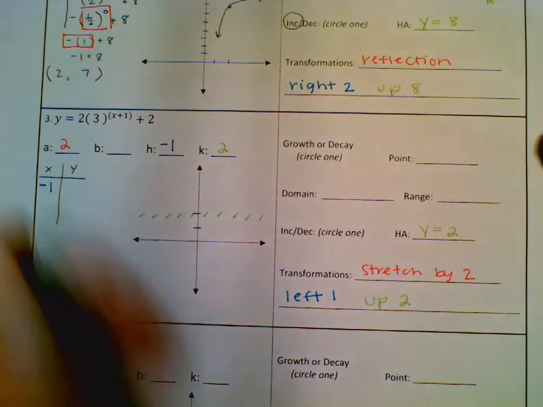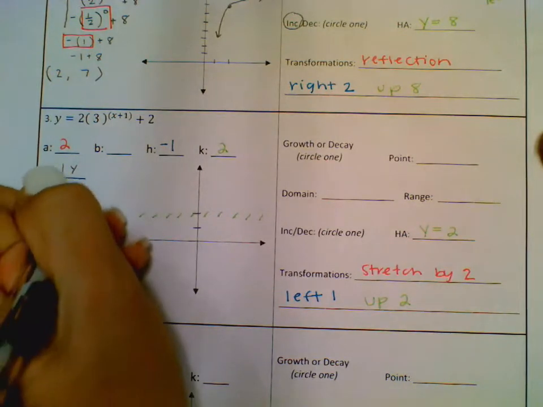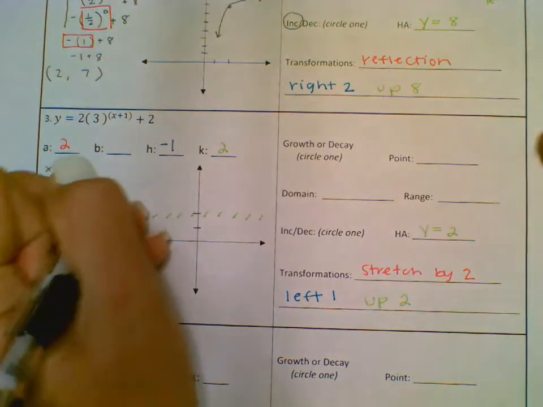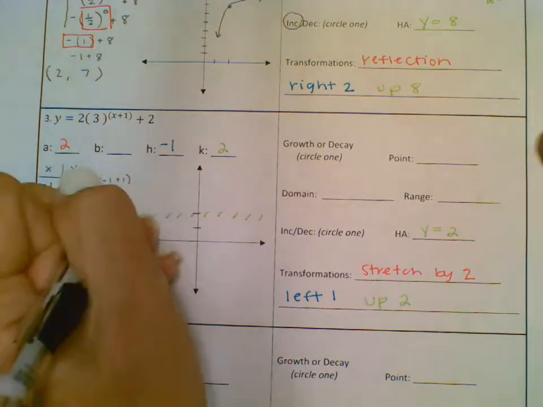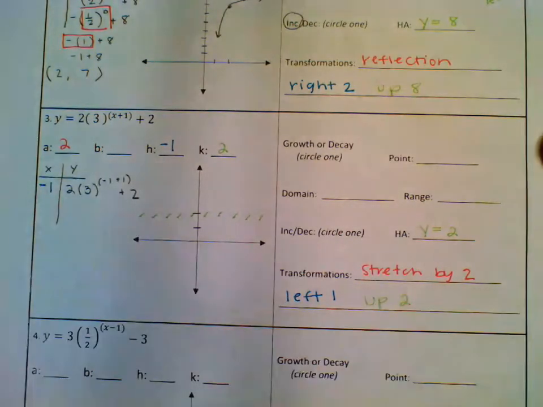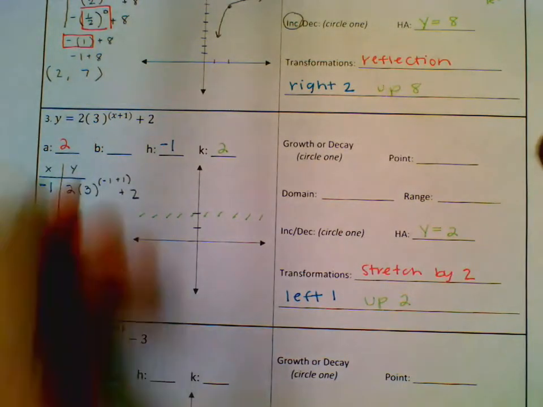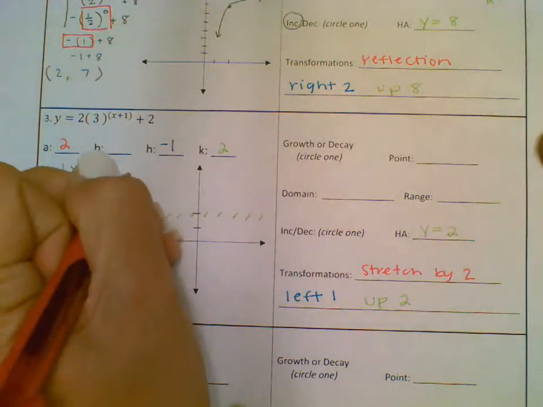So when I plug negative 1 in, I get 2 times 3 raised to the negative 1 plus 1, plus 2. And I'm following, please excuse my dear Aunt Sally, so I do the parentheses first.